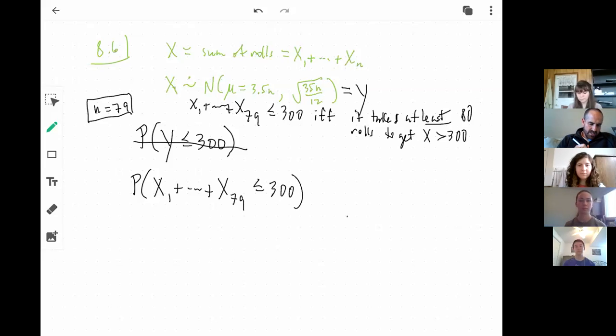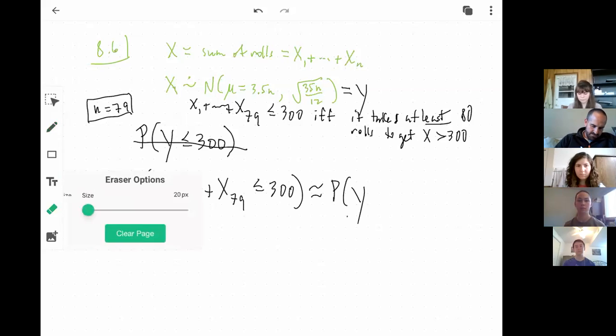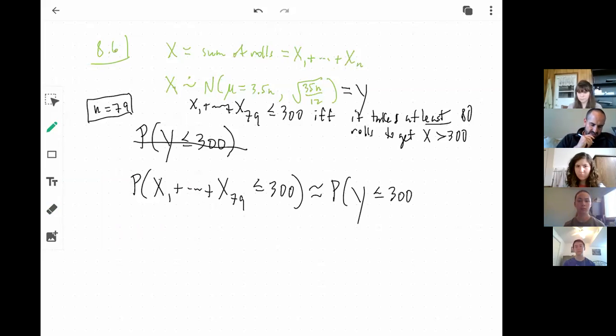But you know that this is going to be well approximated by, because of the continuity correction, the probability that Y is less than or equal to 300 what? 300.5? Yeah.